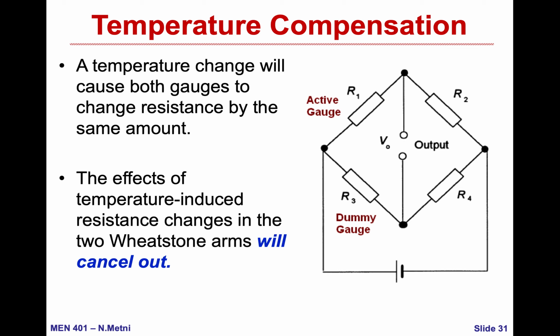So as you can see, this compensation of temperature is done directly on the bridge. Whenever there is an increase in temperature, R1 and R3 will increase, and the ratio of R1 over R3 will stay equal to R2 over R4.